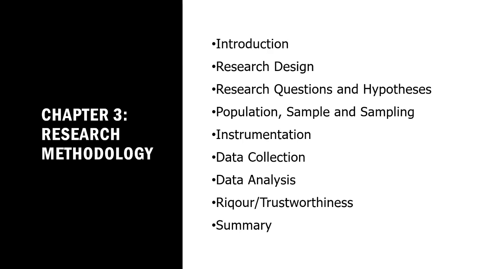So an in-depth description of your design. You might want to introduce your research questions or hypotheses in this chapter, but you will usually have this again in chapter 1. If you just want to orientate your reader, you can maybe, or even your aims or objectives.